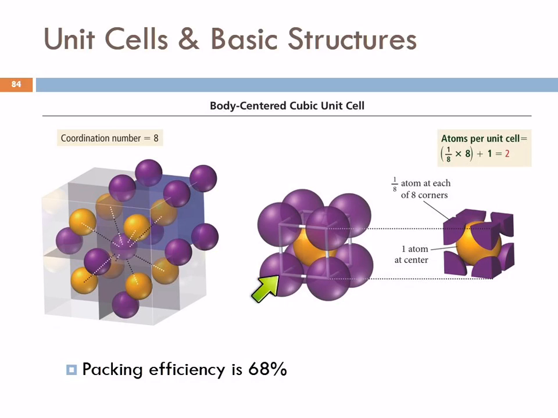This atom on the corner is only touching other middle atoms, the body-centered ones. It doesn't touch the atoms along the edge. There's a gap there, because these purple ones and the gold ones are the same size atom. The packing efficiency for this one is 68%. Higher coordination number, higher packing efficiency.